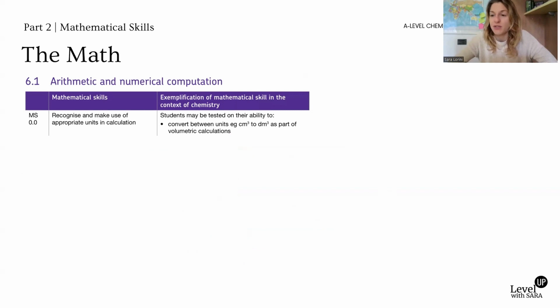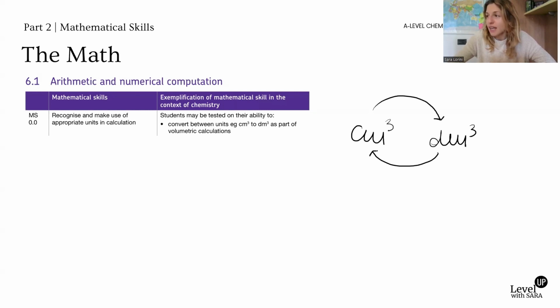So you need to make sure you take a note of the things that you either don't remember or need to consolidate, and we will also look at the application in some exam questions. So of course, converting the units, from centimeters to decimeters cubed. In chemistry, this is really the most important conversion that we need to do. So we need to remember how to do it.